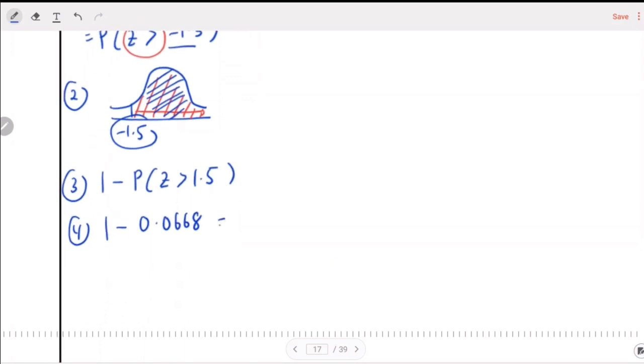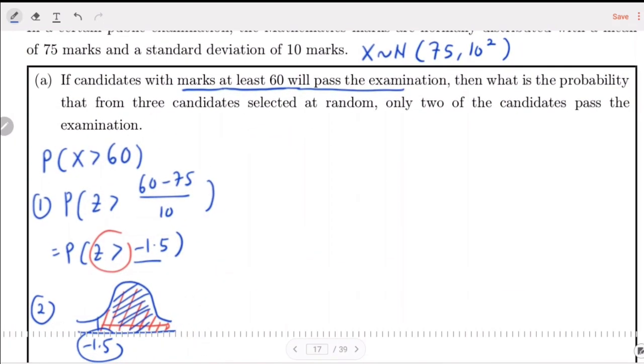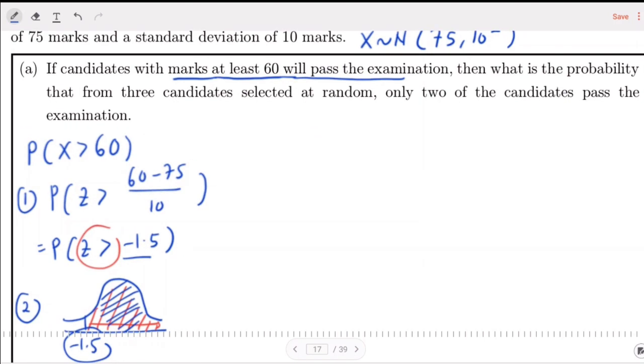Which will give us the value of 0.9332. That's for the first part, to find the probability that candidates with marks at least 60 will pass the examination.